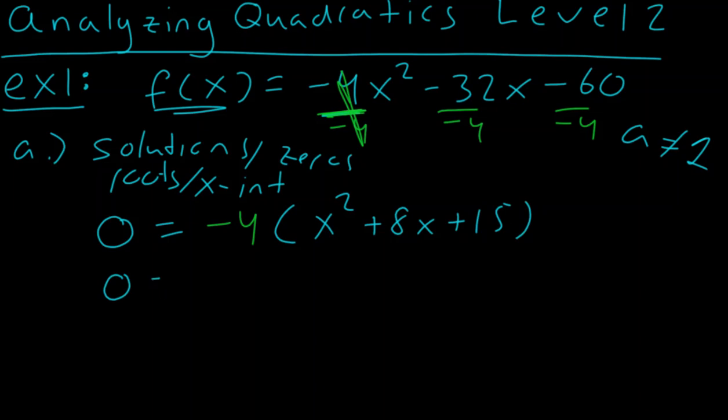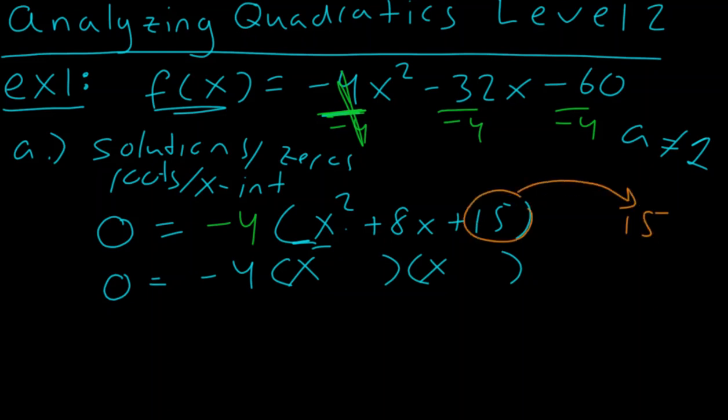So, dropping down. Now that I have this a value equal to 1, I can split this into two factors, where I know that x times x gives me x squared. And I want to take a look at my c term and see if I can find two numbers that multiply to be 15, my c term, that add up to be my middle term, my b term, positive 8.